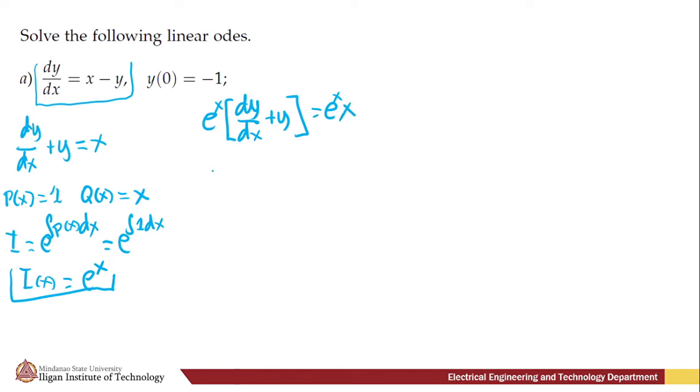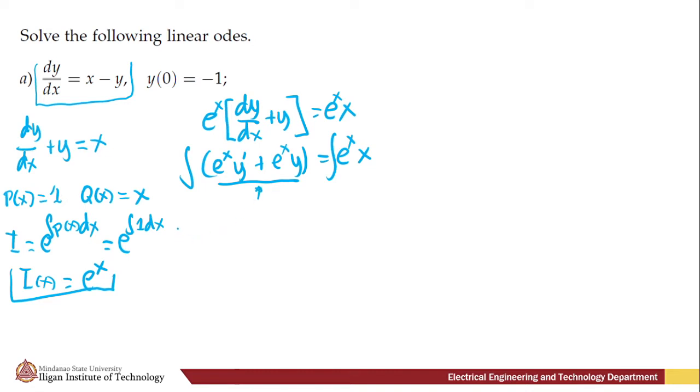So distributing our integrating factor, we have e raised to x y prime plus e raised to x y equals e raised to x times x. Then we integrate both sides. For the left-hand side of our equation, we're going to rewrite this part.